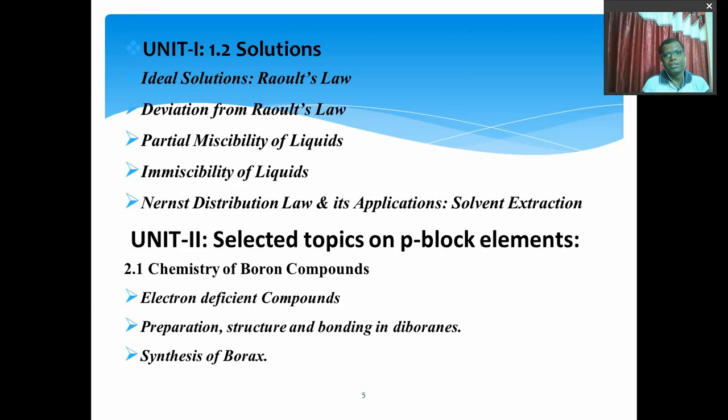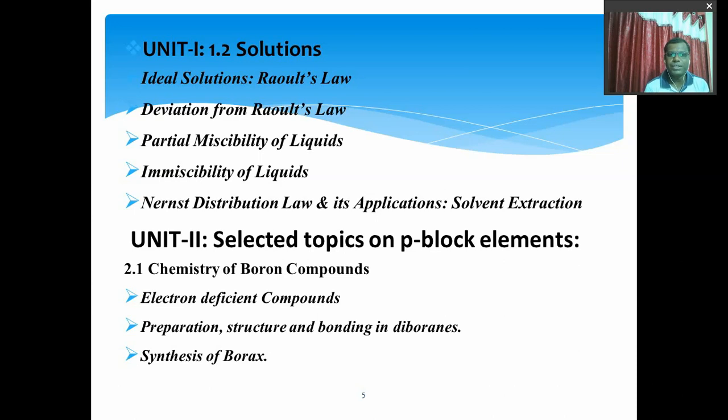The next topic that we are going to discuss in the same unit number 1 of chemistry paper 2 is called solutions. Whenever we see the word solution, many terms come in front of us, or many terms that we remember. You know very well that for the preparation of any type of solution, we require two components.